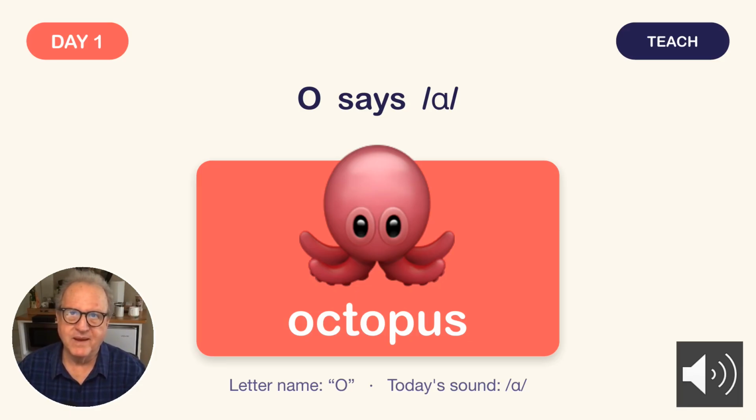Octopus. Do you hear it? Do you like to eat octopus or octopi in plural? I do. Do you like to swim with the octopi? Not me. No. Okay. So that is octopus.